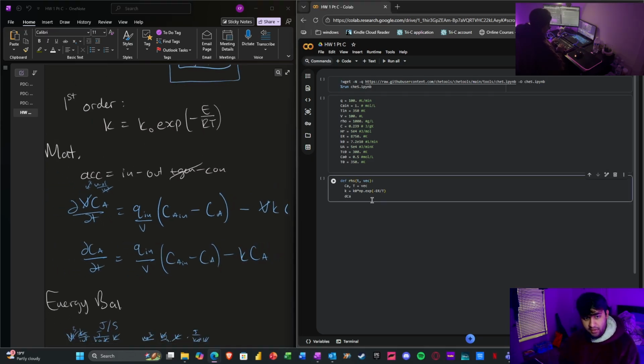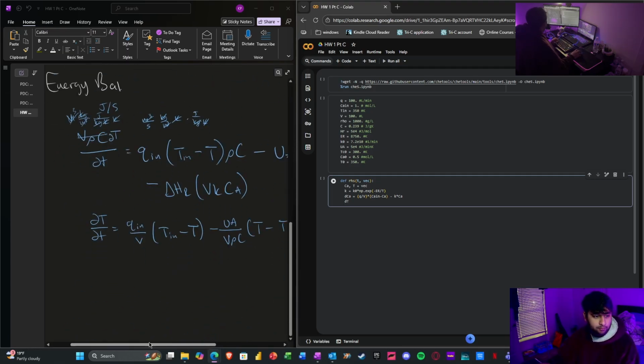I'm going to put this as DCA, and we're going to have Q in, which I don't remember if I did Q in or Q. Oh no, just Q, divided by volume, and that's going to be multiplied by the concentration in minus concentration, and then all of that is subtracting the K value times the concentration.